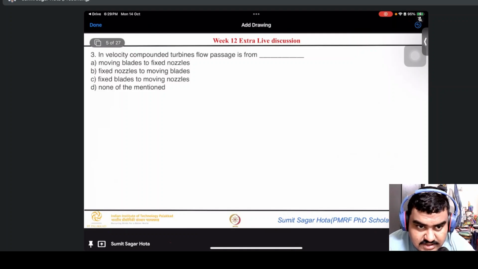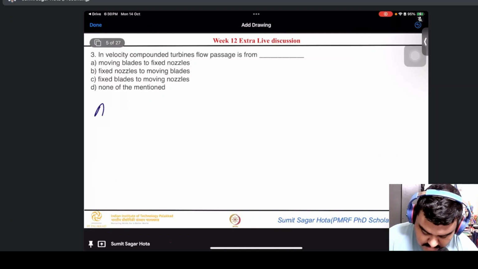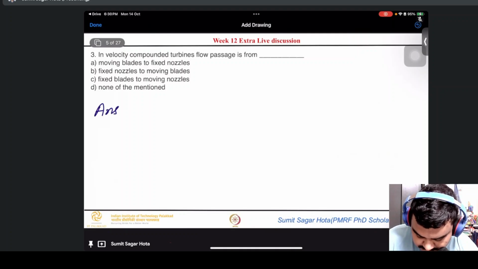For this question, there is no option suitable for that answer. So the answer will be: the fixed blade to the multiple rows of moving blades with alternating fixed blades. This is the correct option, which is not available, so I'll also write down the correct one.